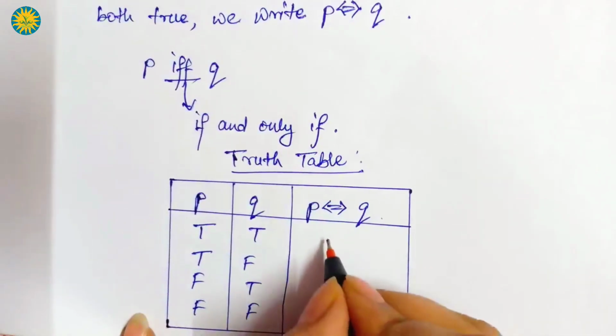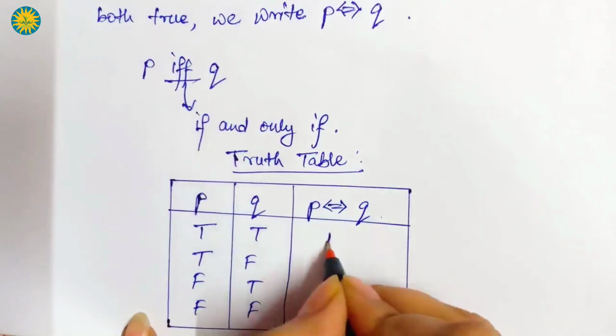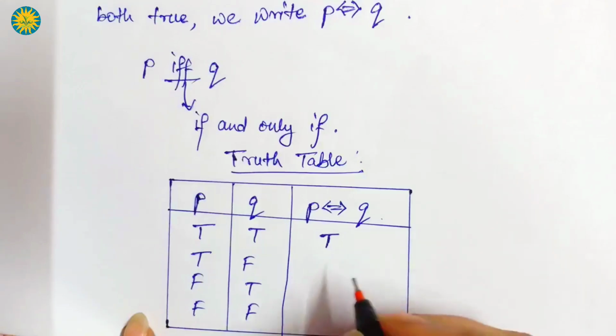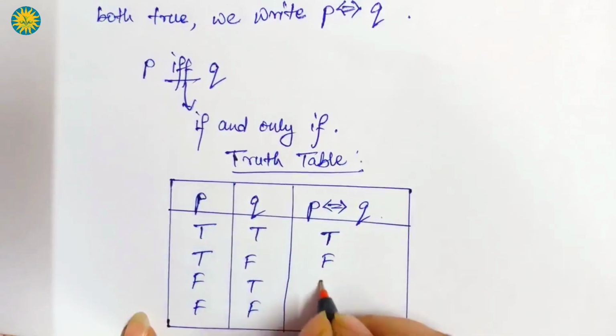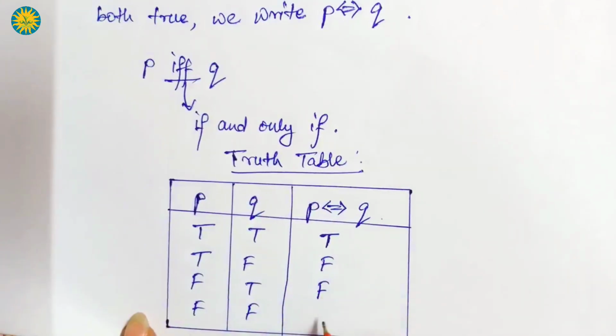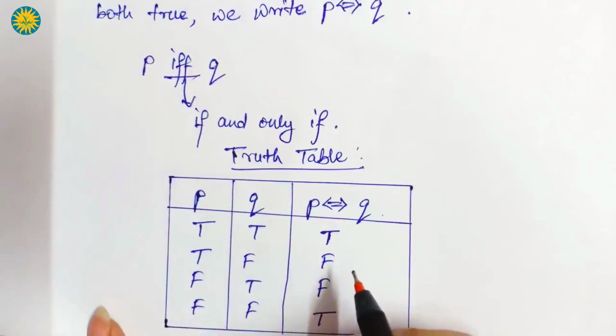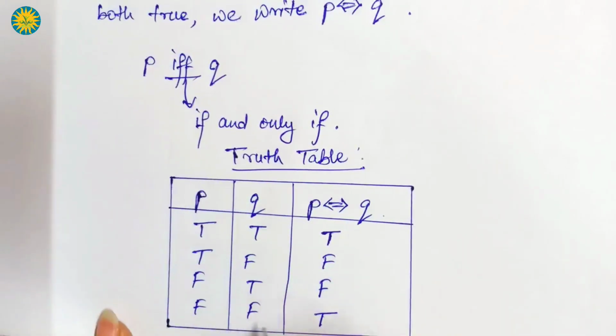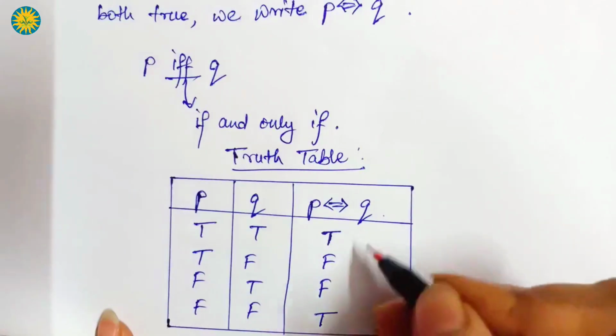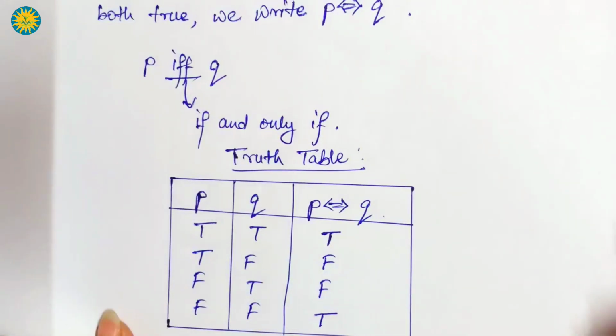For the first case, we will have true. For the second case, false. Third case, false, and the fourth case is true. Because true implies and implied by true, and false implies and implied by false. So only these 2 statements will be true.